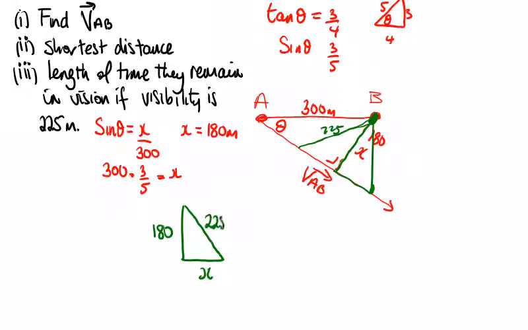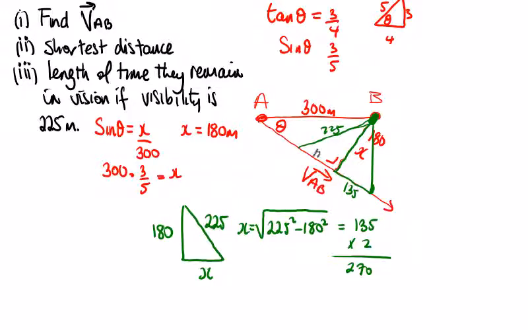This is now 225. So x is going to be the square root of 225 squared minus 180 squared. That works out to be 135. So by 2 is 270. And it's going along for 270 meters.